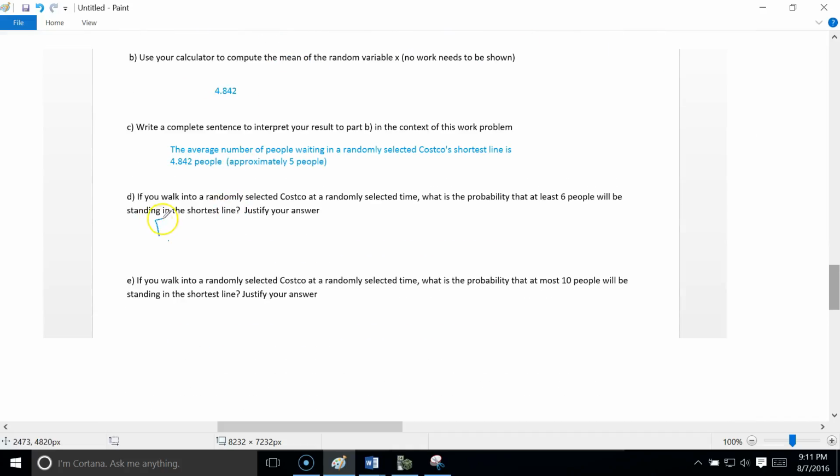The probability that x is at least 6 is going to be equal to that x is greater than or equal to 6, which is equal to the probability that x is in fact equal to 6 plus the probability that x is in fact equal to exactly 7 plus the probability that x is in fact equal to exactly 8.